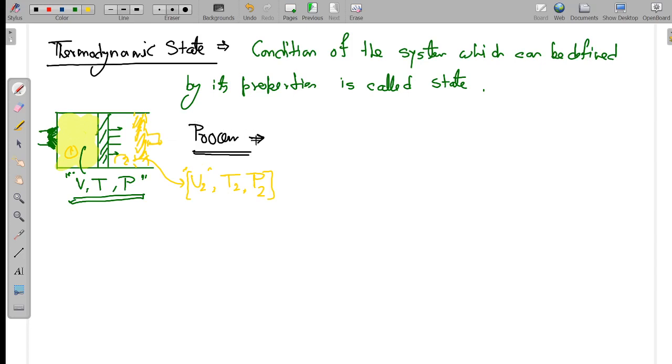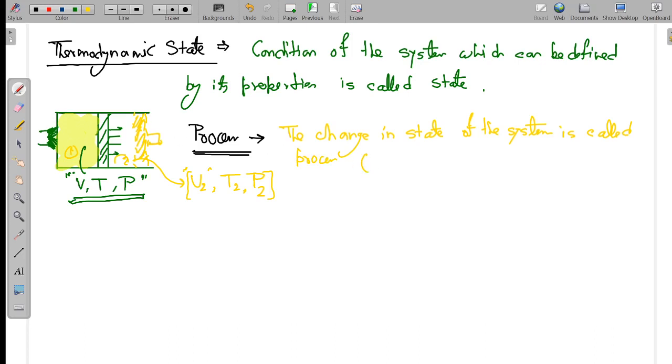So we can write: the change in state of the system is called process.